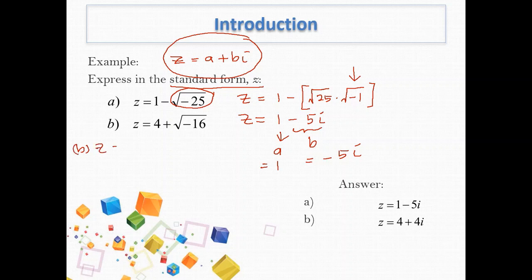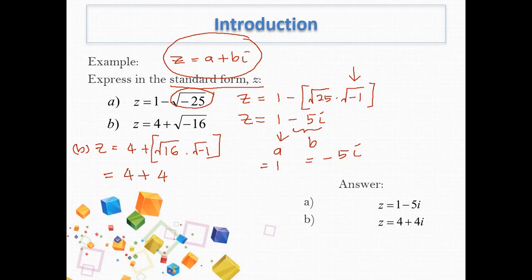Alright, so for B, z is equal to 4 plus square root of negative 16. We can separate this by writing it as square root of 16 multiplied with square root of negative 1. So this remains as 4. What is the square root of 16? It is 4.